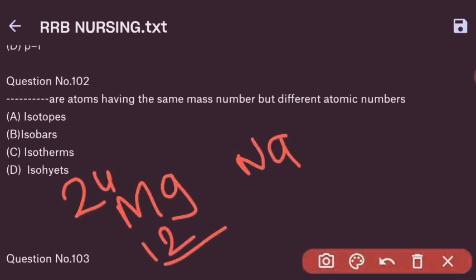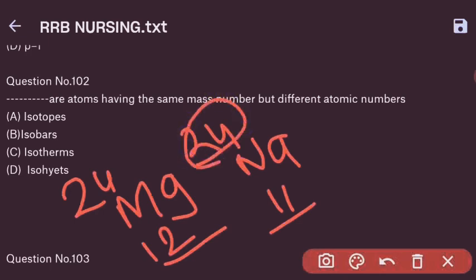In sodium, 11 is the atomic number and 24 is the mass number. So these are examples of isobars, having the same mass number but different atomic number.